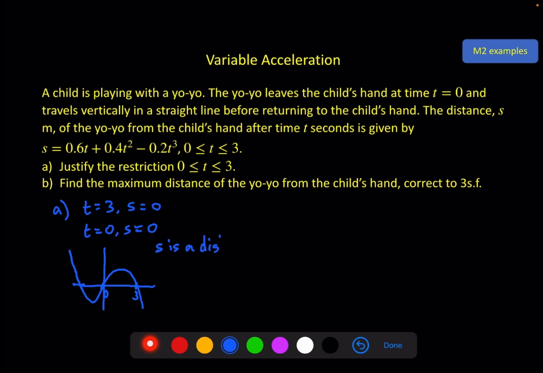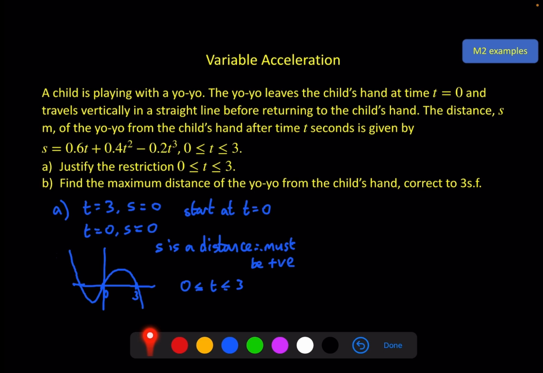So let's say s is a distance, therefore must be positive, together with the fact that we started at t equals 0, then the time must be between 0 and 3. I won't write any more than that because I think the diagram gives the explanation better than anything I could write.